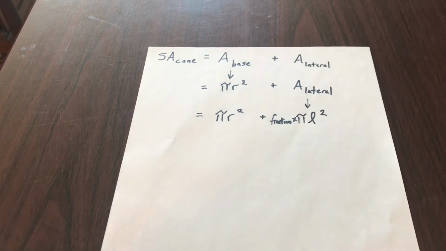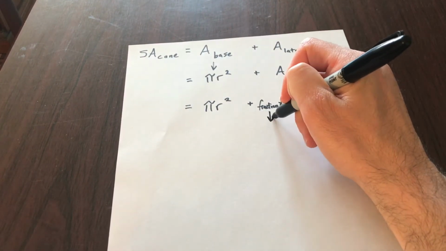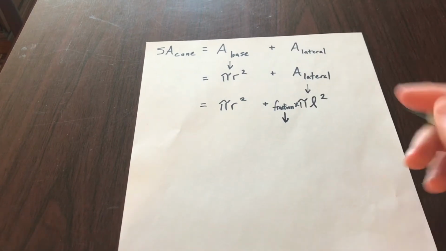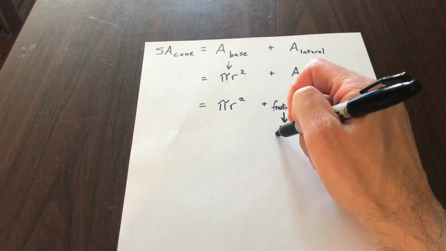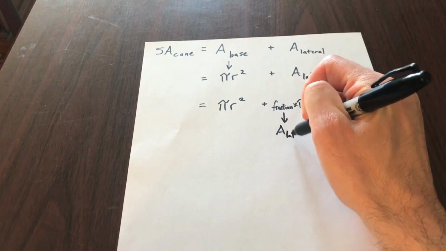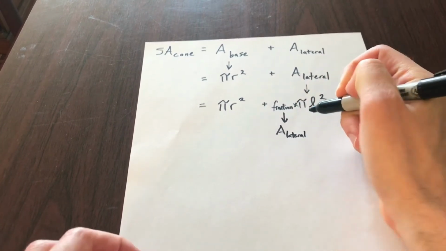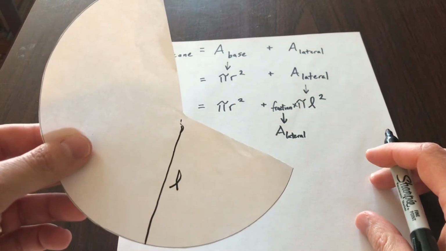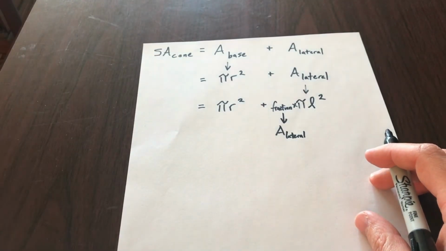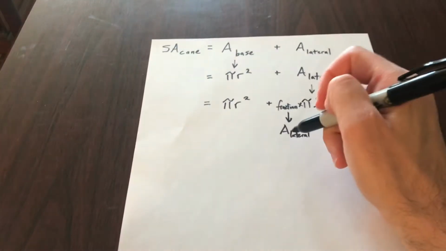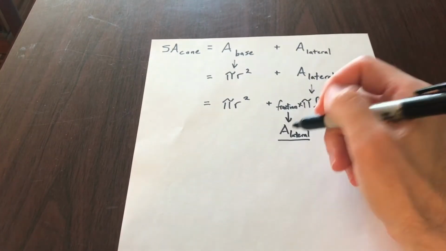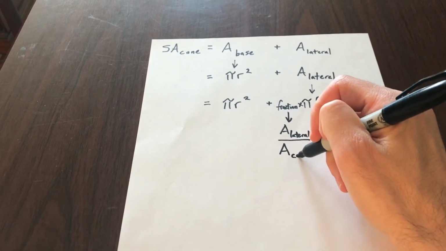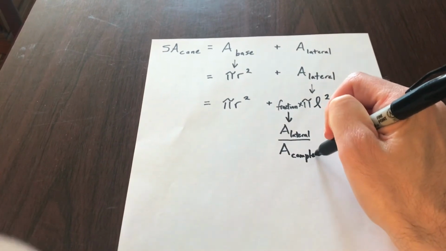We can say that the fraction is equal to the area of the lateral surface, that's what we unraveled to get this incomplete circle, over the area of the complete circle.